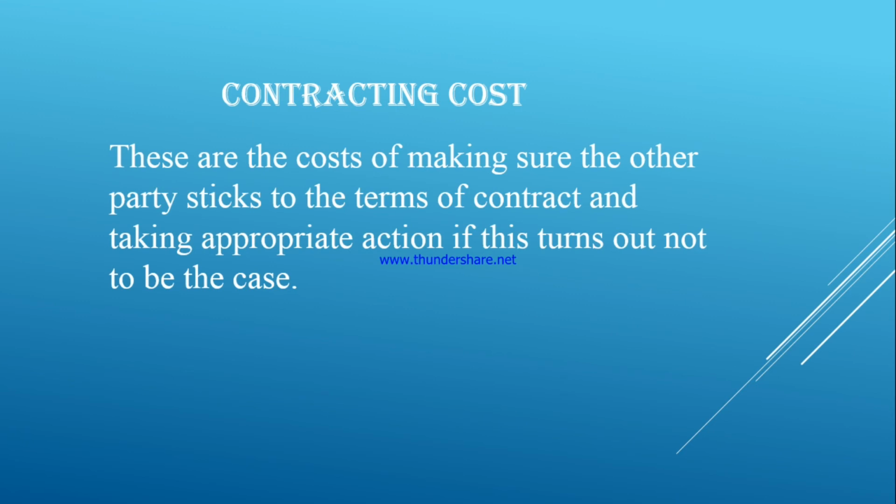Now, the contracting costs. These are also called policing and enforcement costs and are the costs of making sure that the other party sticks to the terms of contract and taking appropriate action if this turns out not to be the case.